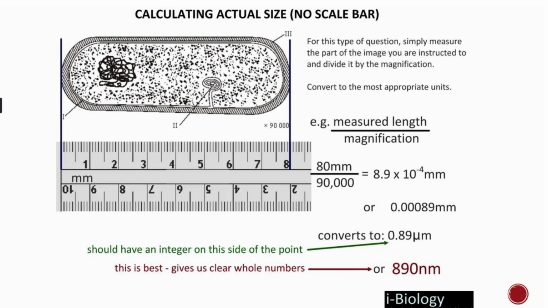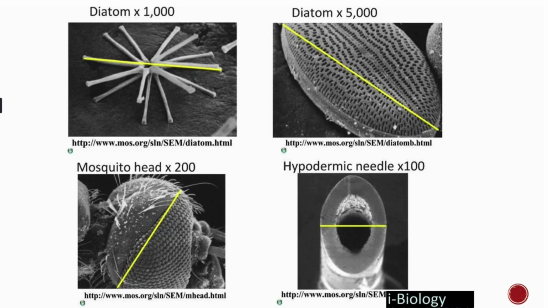We divide it, and we get 890 nanometers. But remember that you have to convert the units all the time, because without conversion you will not have the right answer.